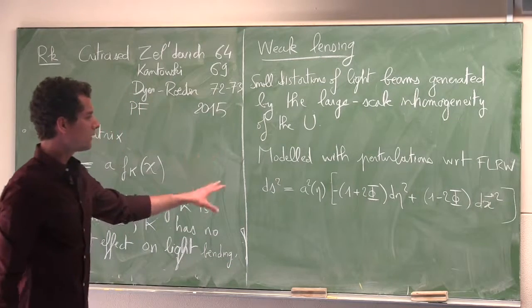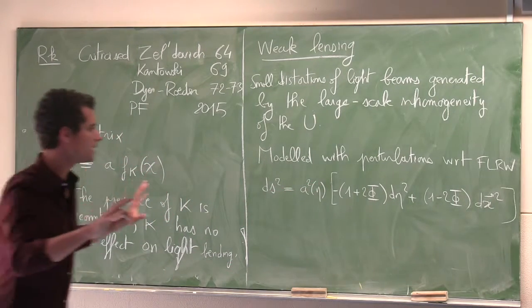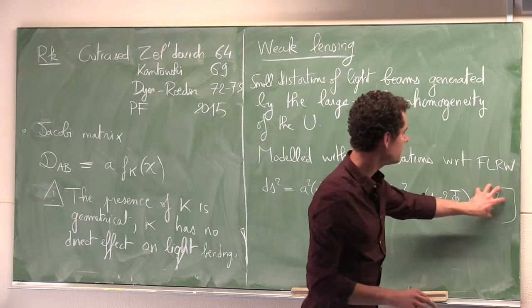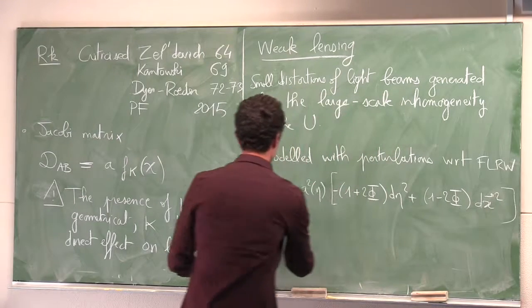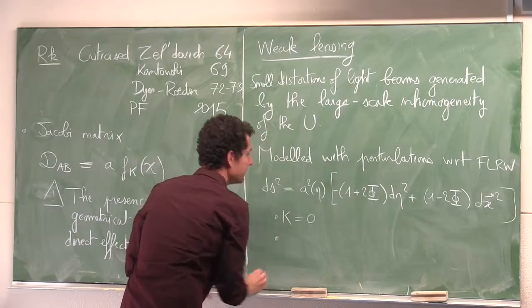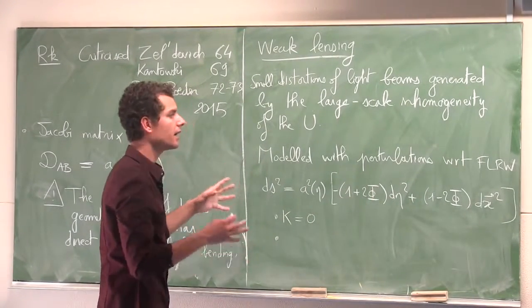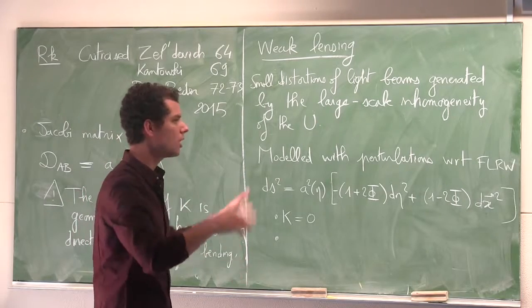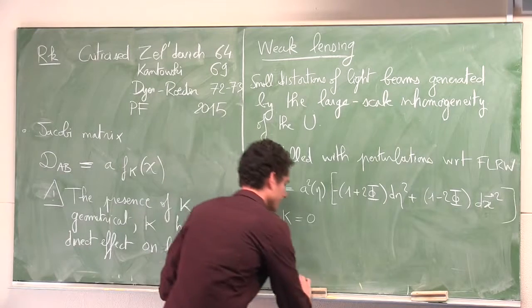So, in this form of the metric, I have gathered all the spatial parts into a Euclidean-like metric, 3D Euclidean metric here. So I consider that k equals 0. I neglected vector and tensor modes, so I will not take into account the effect of vector modes or gravitational waves in the gravitational lensing.